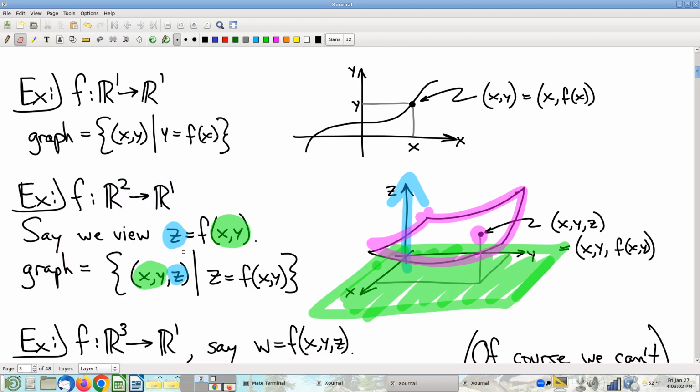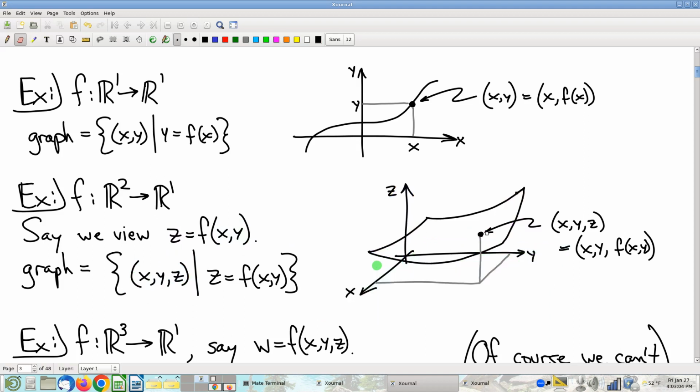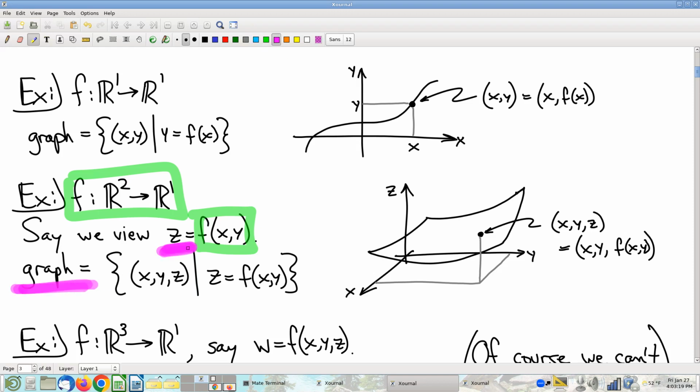Okay, here's another way to think about it, arguably a little quicker and easier. It depends on how you like to think about things. But when you have a function and you want to form the graph of that function, the graph is what you get when you set a new variable equal to the output value of the function. Yeah, so you got your function, whatever the output values are, set those equal to a new variable.